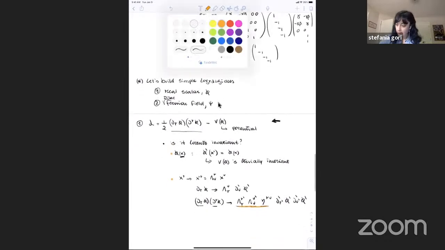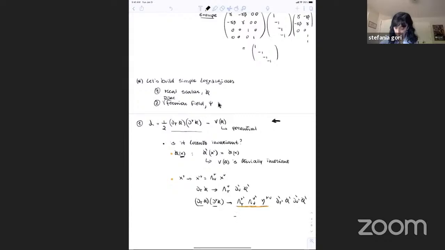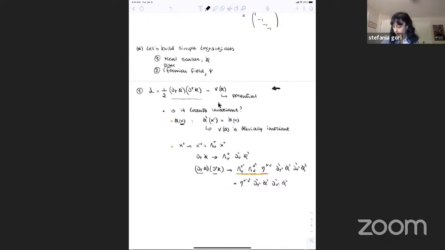So this tells us that indeed this is given by eta mu prime nu prime, derivative of phi prime, derivative of phi prime, and this is indeed invariant, in the sense that this is equal to the Lagrangian term that we were starting with.